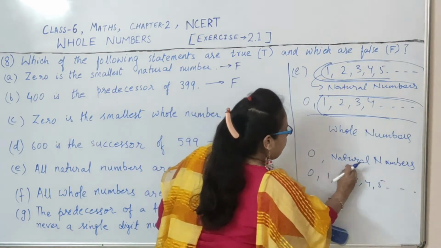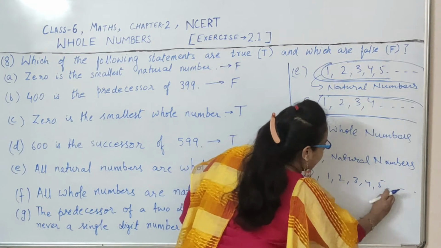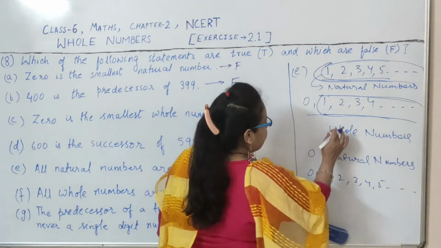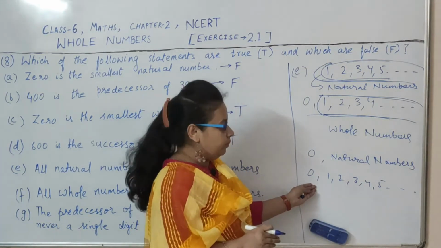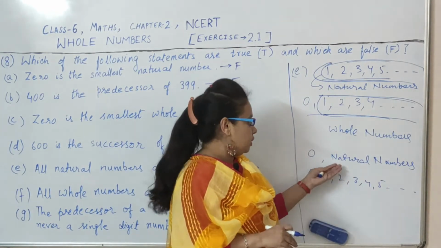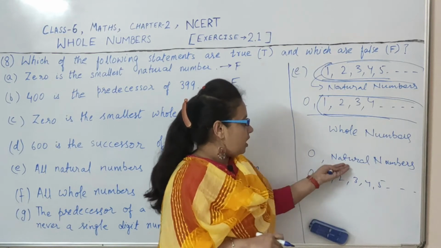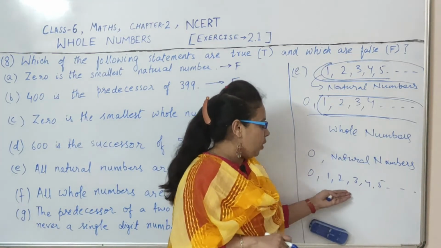Natural numbers are only 1, 2, 3, 4, and when 0 is added to this group, it becomes whole numbers. So in whole numbers, all natural numbers come in.